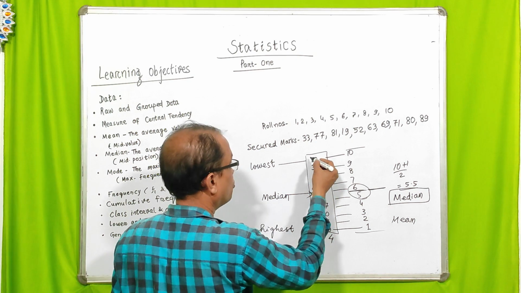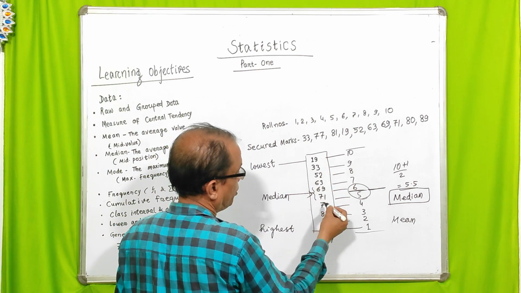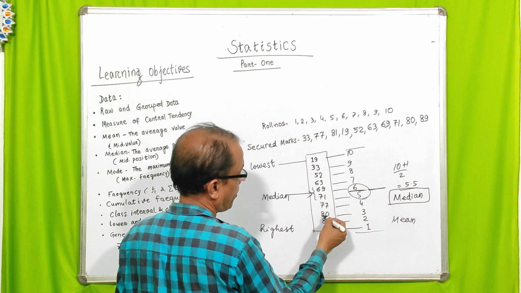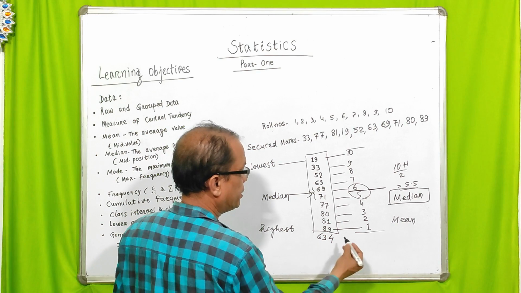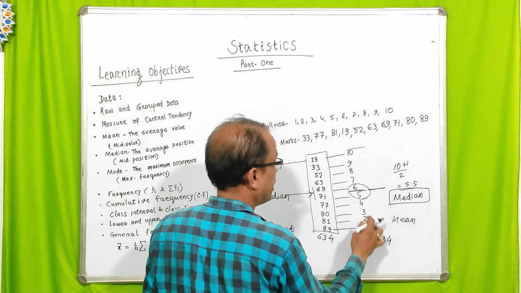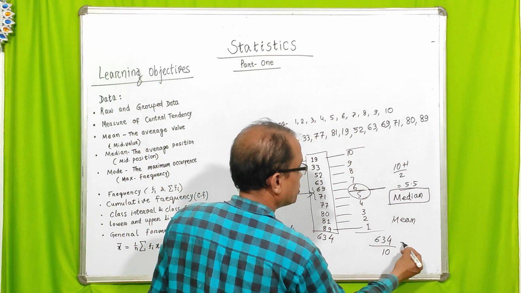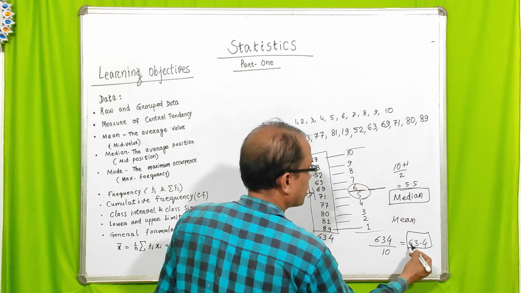Next 4 plus 1, 5, 3, 8, 13, 25, 39, 55, 8, 63. So we can find the total is 634 divided by 10 people. This gives 63.4. This mark will be the mean mark.